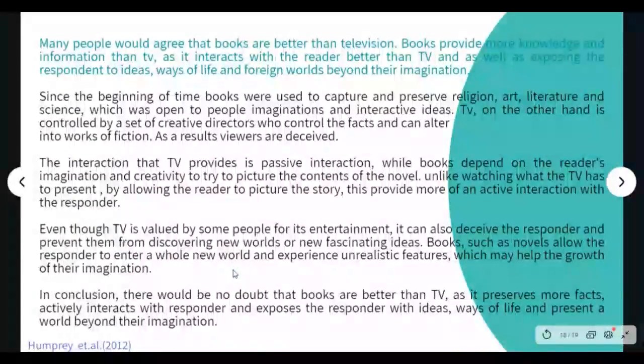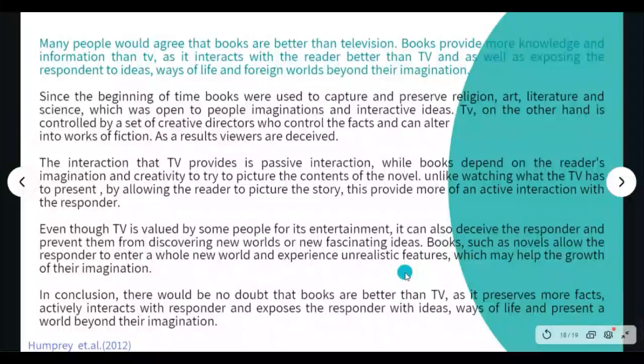Even though TV is valued by some people for its entertainment, it can also deceive the responder and prevent them from discovering new worlds or new fascinating ideas. How about books? Books, such as novels, allow the responder to enter a whole new world. This is the positive thing of books, and this is the negative argument about TV.